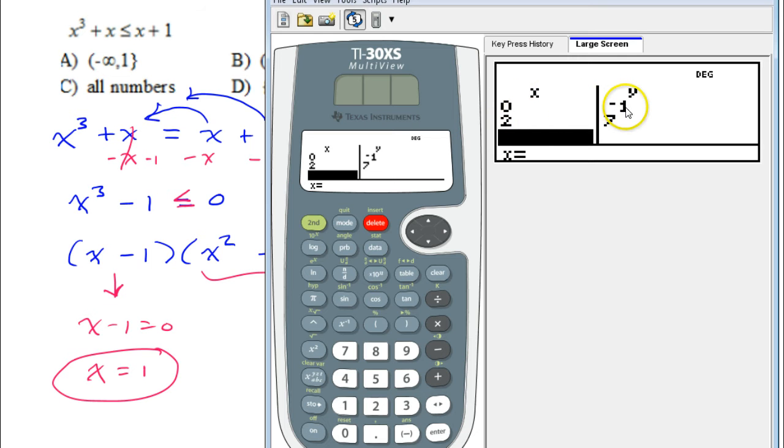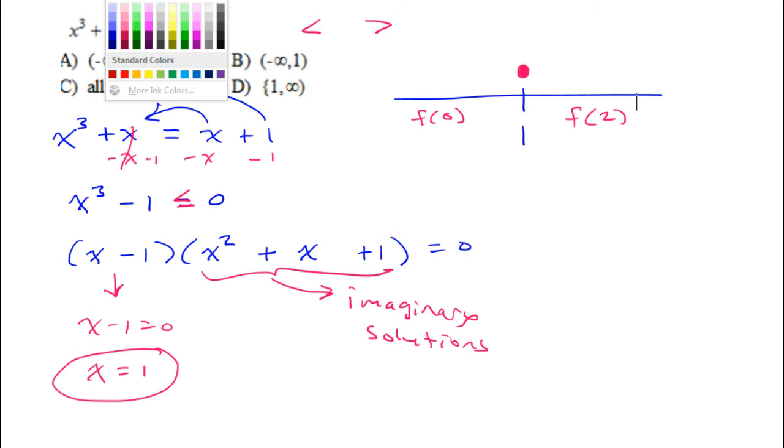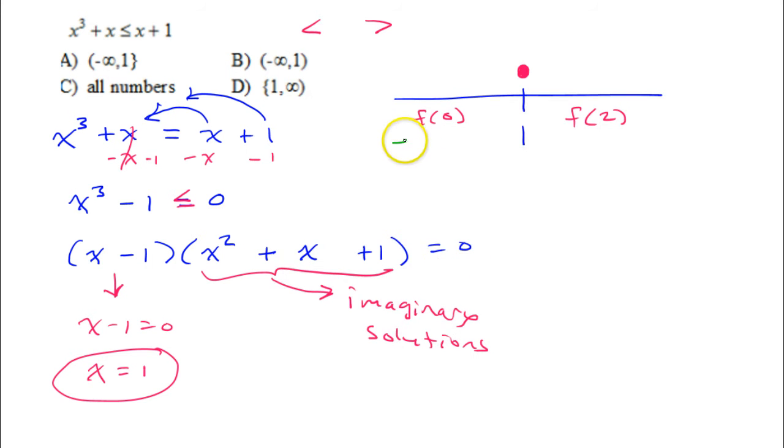At 0, I have a value of -1. At 2, I have a value of 7. Now the question is, is the function less than or equal to 0? So is -1 less than or equal to 0? Well, yes it is. All negative numbers are less than 0.